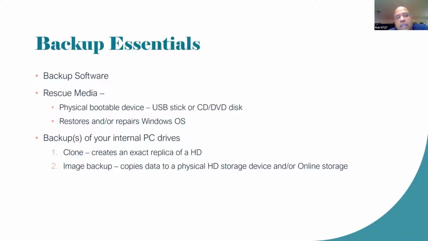The other thing that you're going to need is a backup of your operating system. A clone is an identical copy, an exact replica of, say, your C drive or your D drive or any drive that you want to pick. Or you can do image backups, which copy the data to another drive, but you can have multiple copies of it.